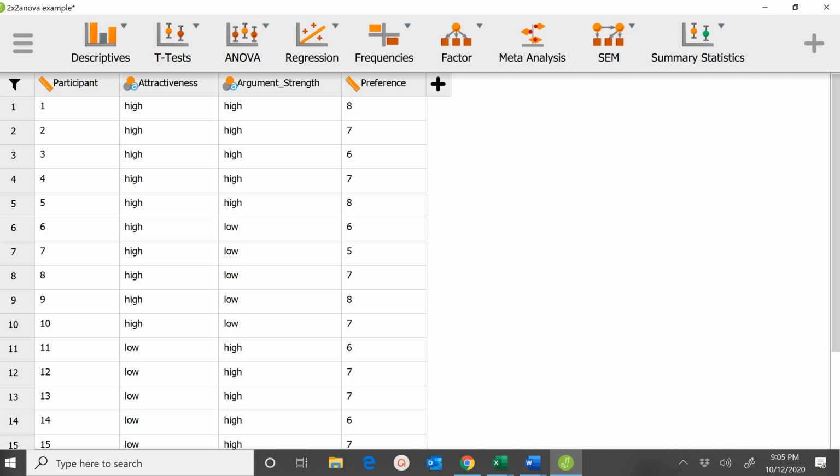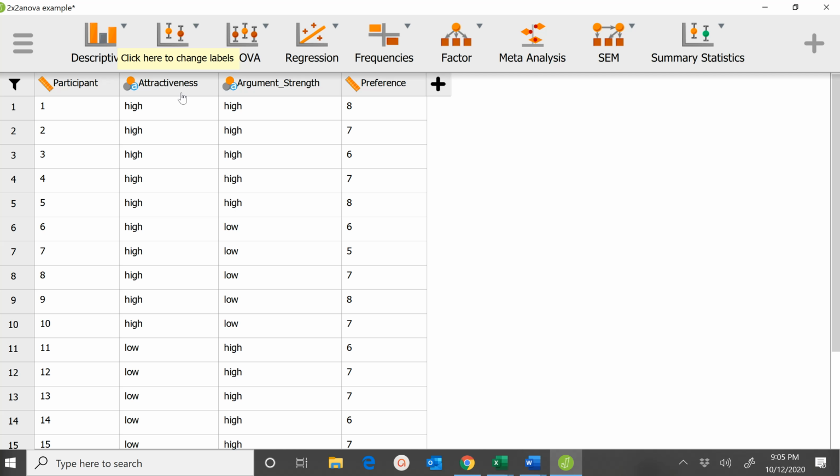Welcome. In this brief tutorial, I'm going to demonstrate how to conduct a factorial ANOVA using JASP. So in this hypothetical example with some hastily fabricated data, we are looking at two independent variables. One is attractiveness and the other is argument strength.